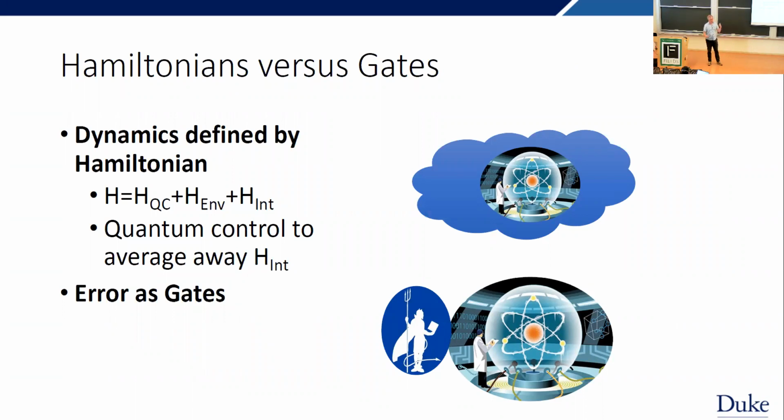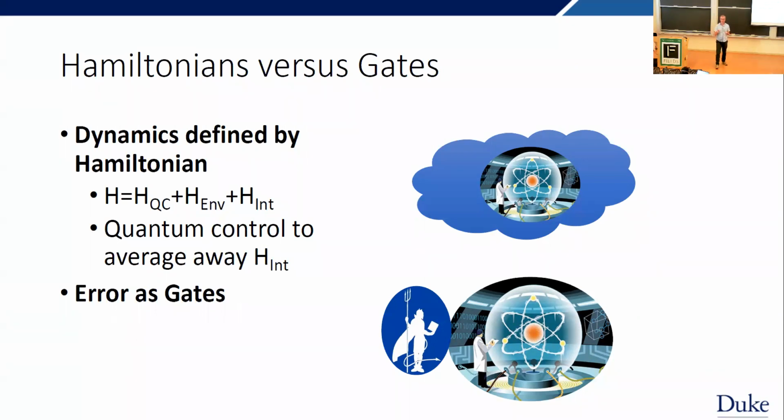So when I think about this problem, I kind of split it into two parts. I'm a physicist and the world is only Hamiltonians. That's it. I might accept a Lagrangian, but usually no. Or I try to think of it from a computer science perspective, and I just think the world is gates.